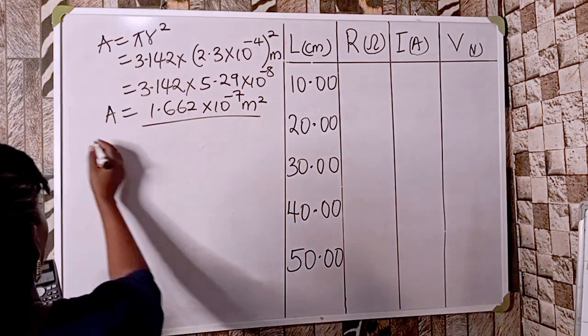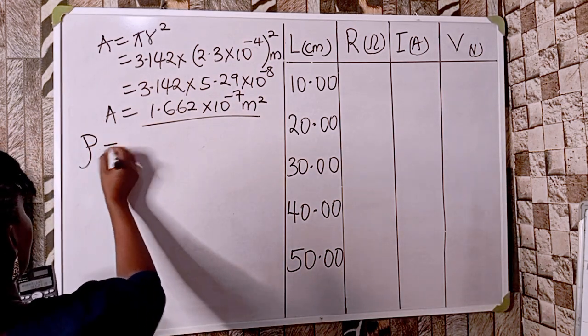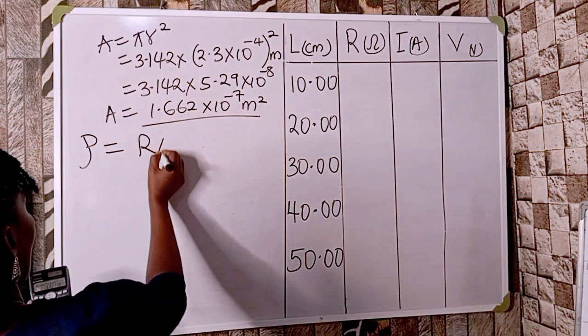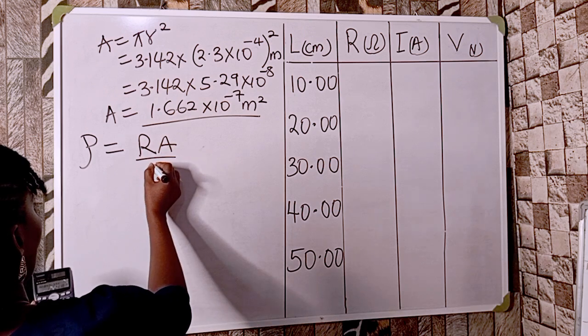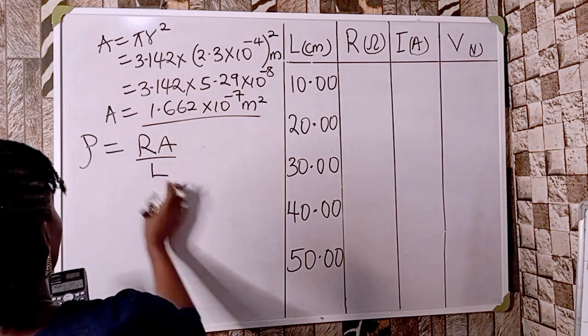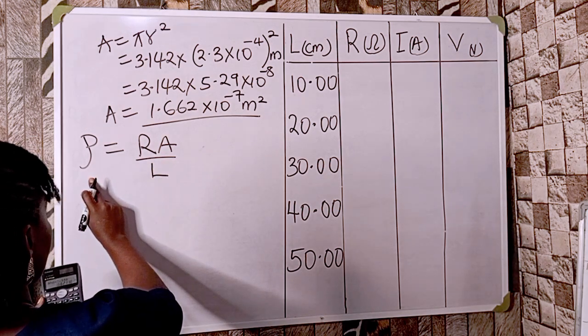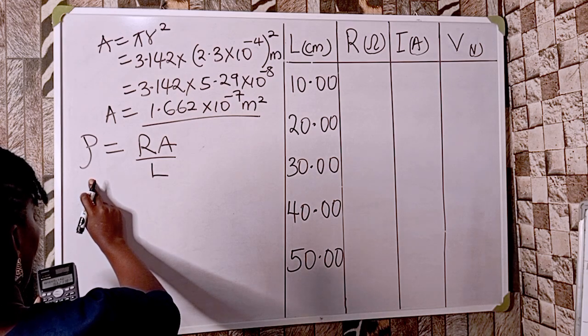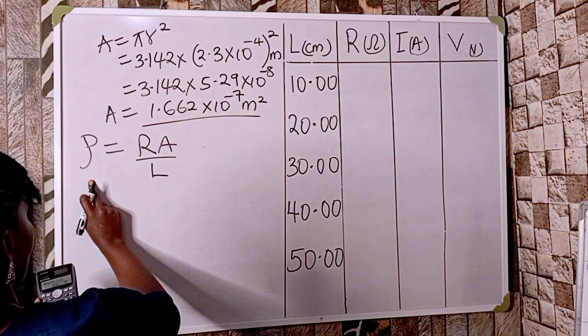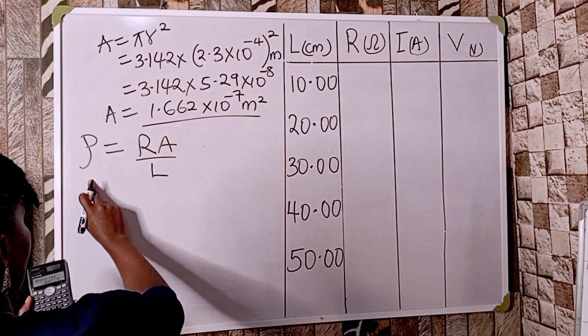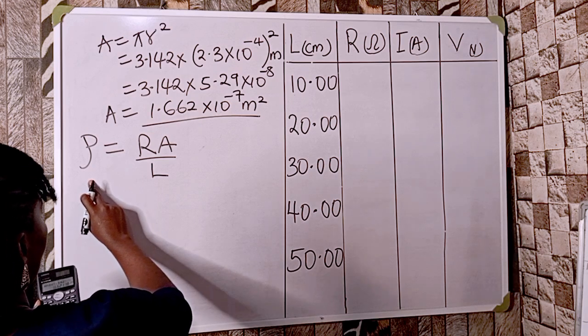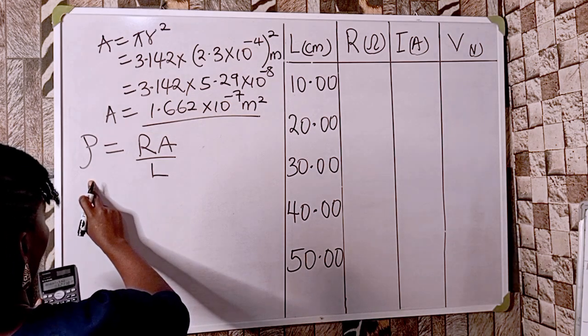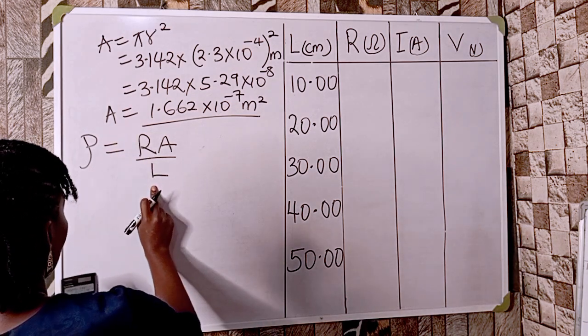Remember that the resistivity formula, rho, is equals to RA over what? Over length. Now if I have my resistivity, which is given as 5 times 10 raised to the power minus 7 ohm meter, I can substitute it in and get my unknown, which is my what? R and what? Length.